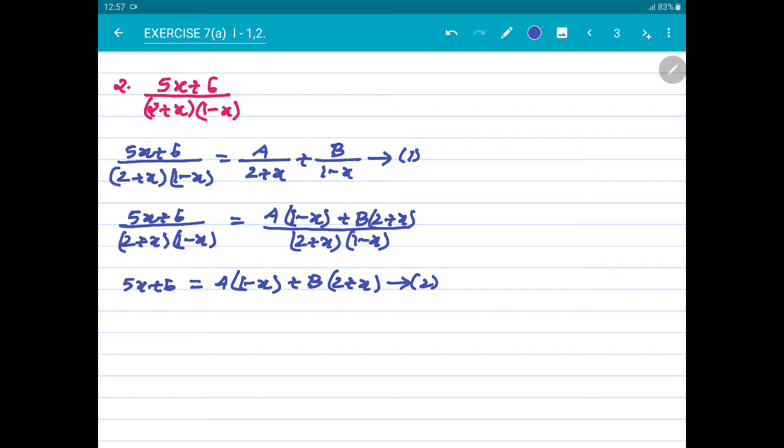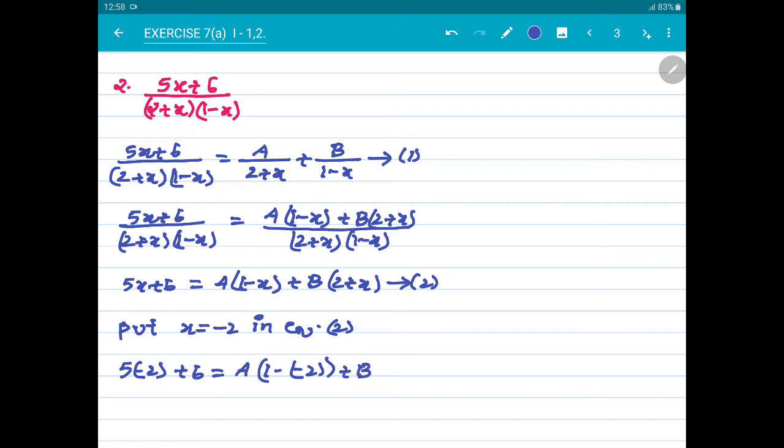Now to get the value of a, put x = -2 in equation 2. 5 times (-2) + 6 = a times (1 - (-2)) + b times (2 - 2). So here it is -10 + 6 = a times (1 + 2) + b times 0.